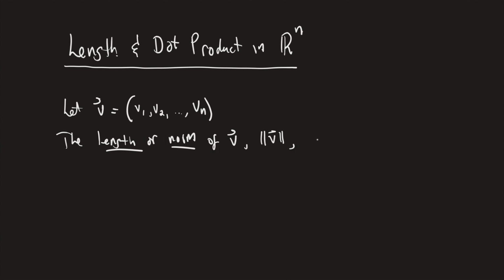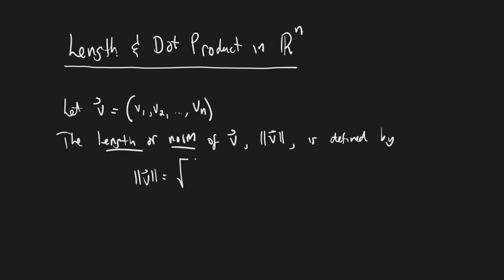So that norm or length is defined by the following calculation. Pretty simple, and it's based on just the way we compute distances in Euclidean spaces.